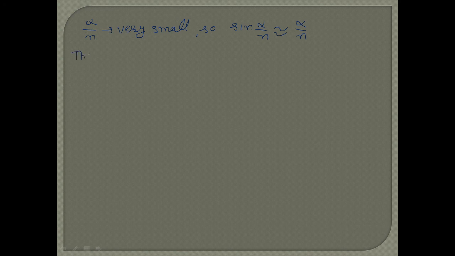Let me put this value in the previous equation. Then the resultant is equal to A sin alpha divided by alpha by n, which is equal to nA sin alpha divided by alpha. n is a constant, A is a constant.